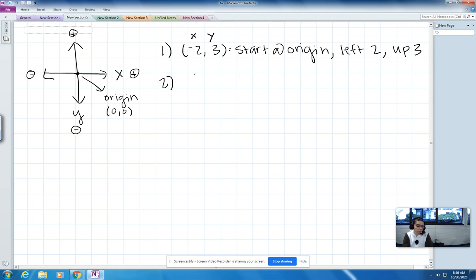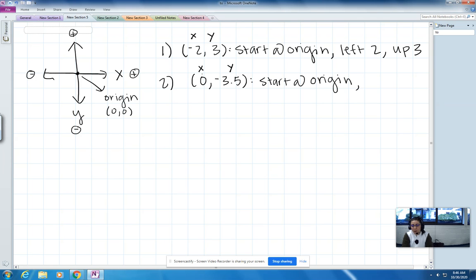Let's try another one. I'm going to have 0, negative 3.5. So again, we've got to remember first value is x, second value is y. We always start our directions by saying start at origin. We always start in the middle. We're going to walk in the x direction. So we say, all right, x is 0. So how far and which direction am I going to walk? Well, it looks like I'm not walking anything. It says 0.